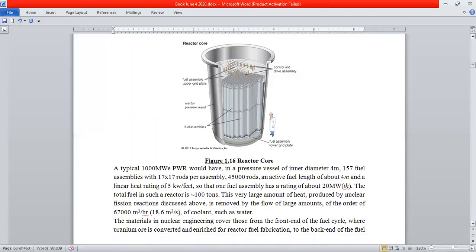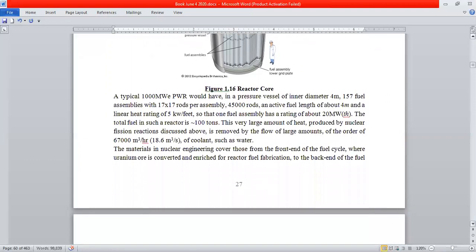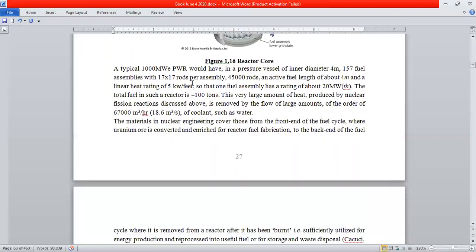So most of the reactors in the world now, the power reactors, are large reactors. A typical 1000 megawatt electric, meaning about 3000 megawatt thermal pressurized water reactor, would have in a pressure vessel of inner diameter 4 meters, 157 fuel assemblies with 17 times 17 rods per assembly.